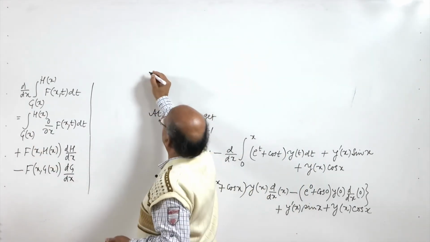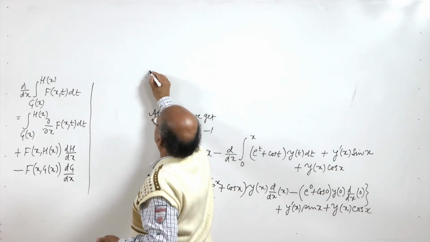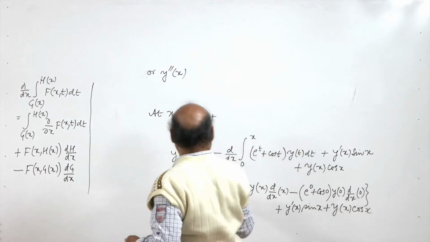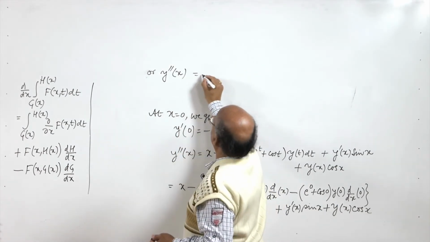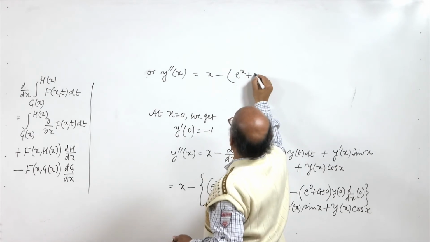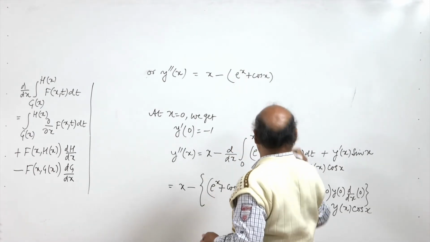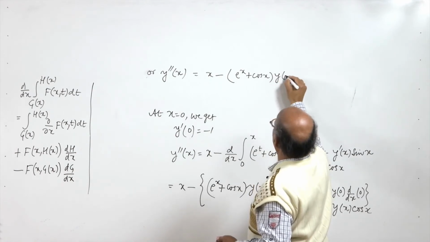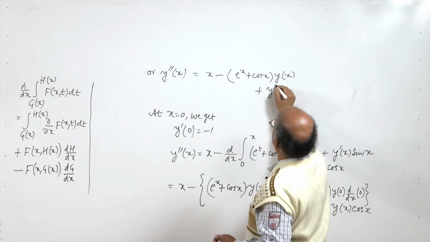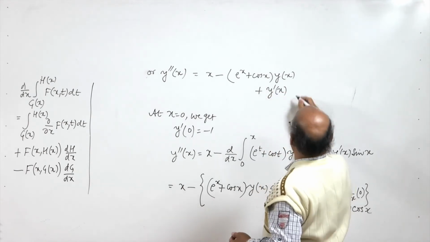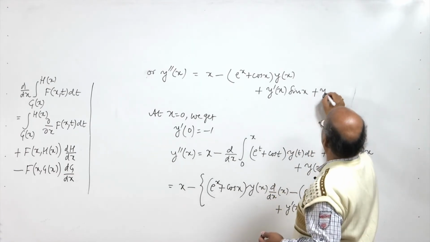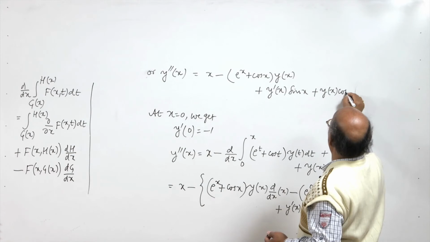So we can write y double dash x will be equal to x minus e to the power x plus cos x into y x plus y dash x into sin x plus y x cos x.